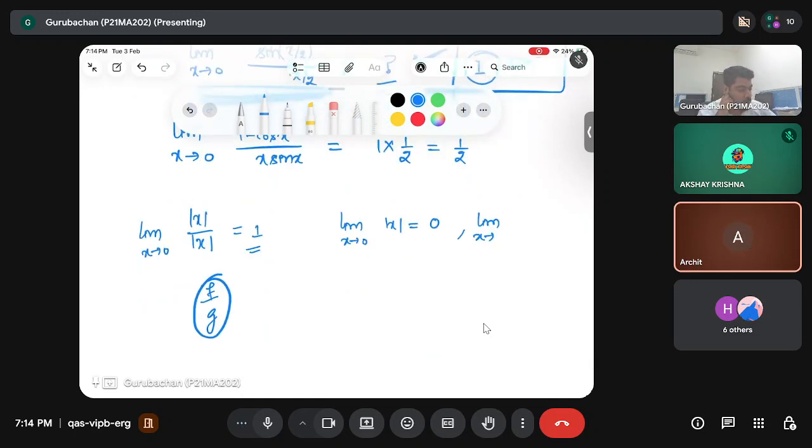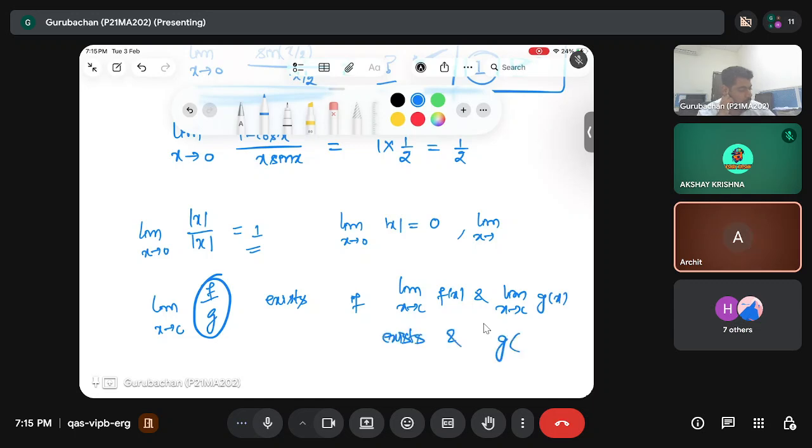When does this limit exist, tell me. Sir, when limit of f and limit of g exist and limit of g is not equal to 0. G should not be 0 in that neighborhood.